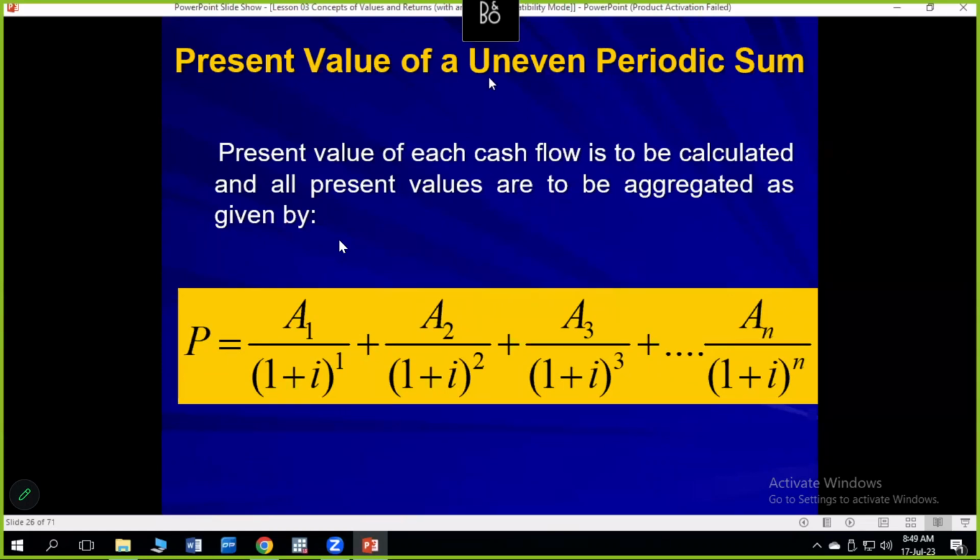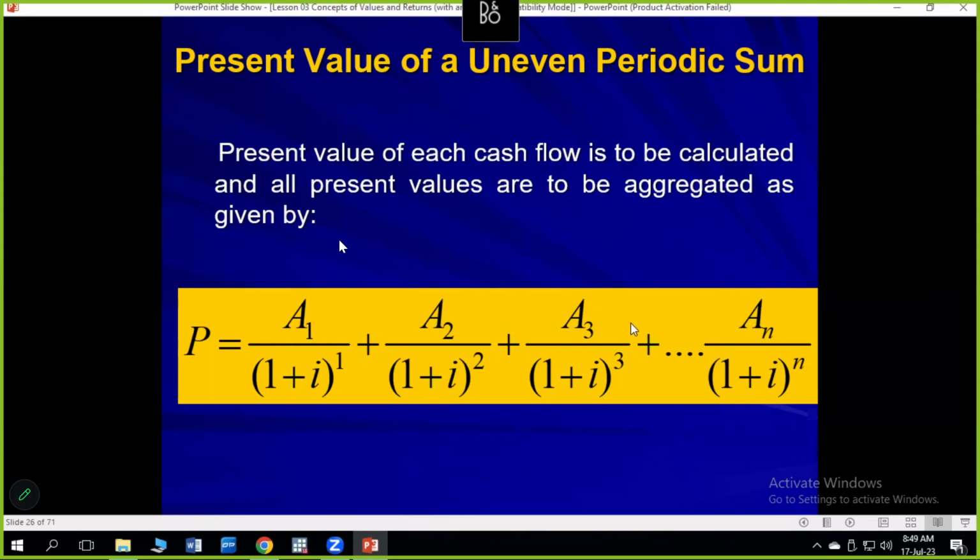So this is another problem. In the annuity, it's an equal payment, even payment over the period. But there are some cash flows occurring with different amounts in the years. At that time you can't apply the concept of present value of annuity or present value of lump sum.